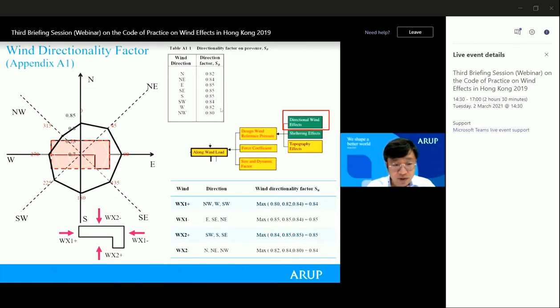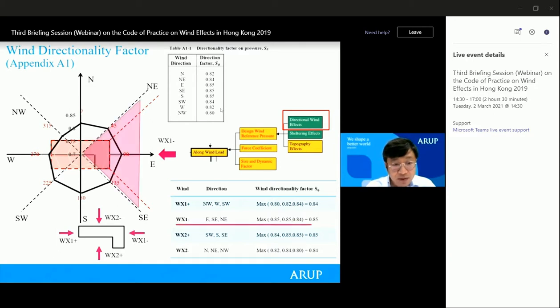Here we give a particular example if wind blows in the WX1 minus direction. We first define the one of the 4 orthogonal directions, that is, starting at the east direction plus and minus 45 degrees. That's the two, starting from the 2 corners, the 2 red dashed lines.